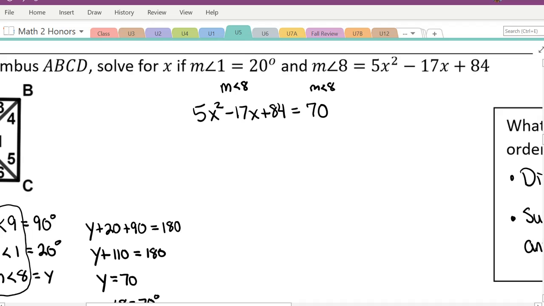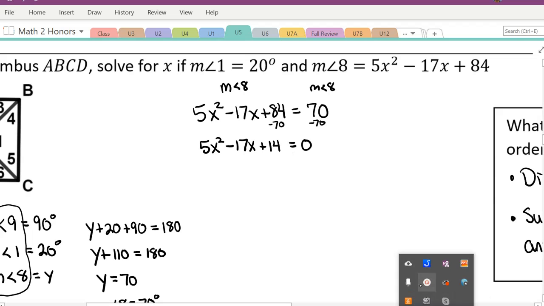First step is to set this equal to 0, so I subtract 70 from both sides and I get 5x squared minus 17x, and if I subtract 70 from 84 I end up with 14 is equal to 0. And then I need to decide how to go ahead and solve this.